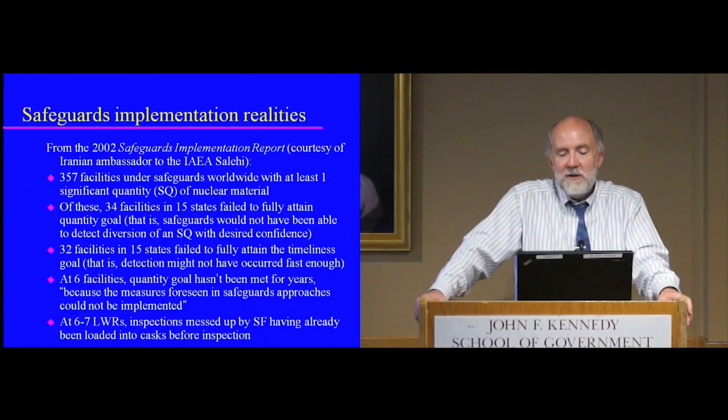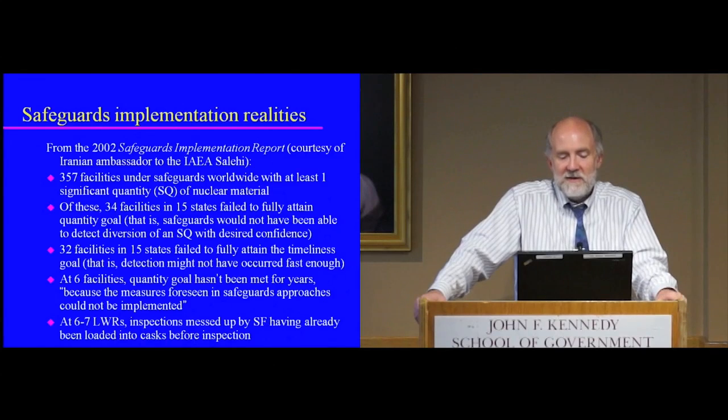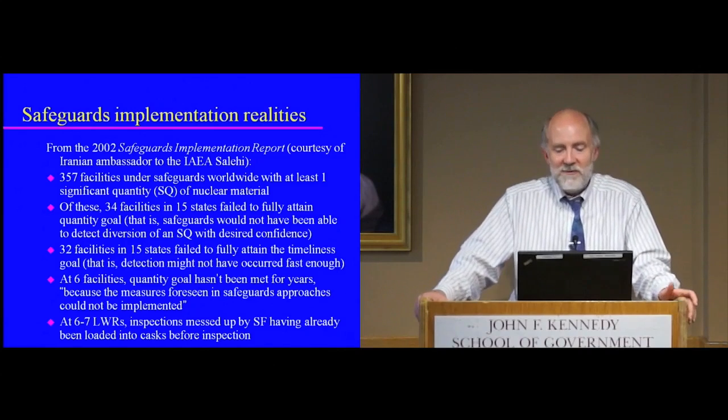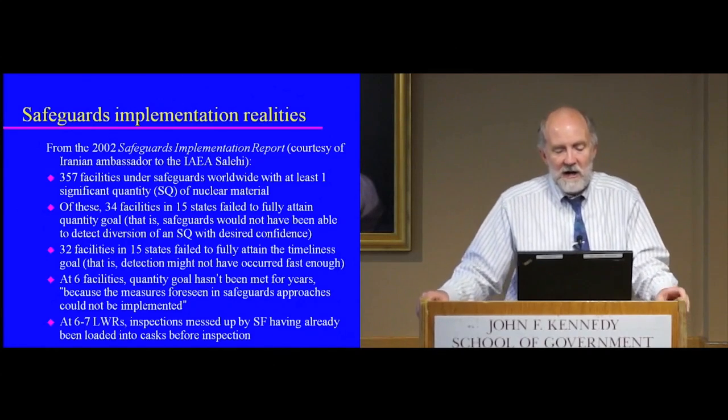So they had 34 facilities in 15 states where they would not have been able to detect diversion of a significant quantity with the desired level of confidence. 32 facilities in 15 states where they wouldn't have been able to do that detection fast enough. 6 facilities where the quantity goal hadn't been met for years, and so on.